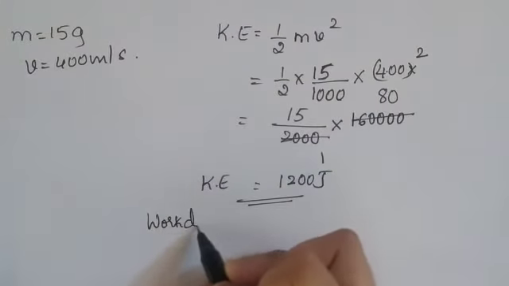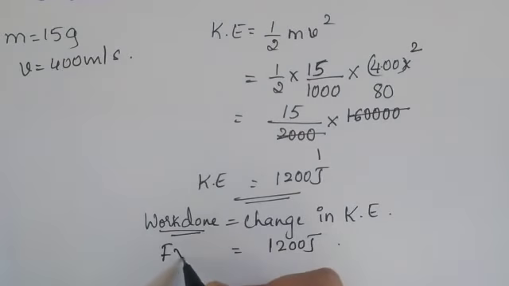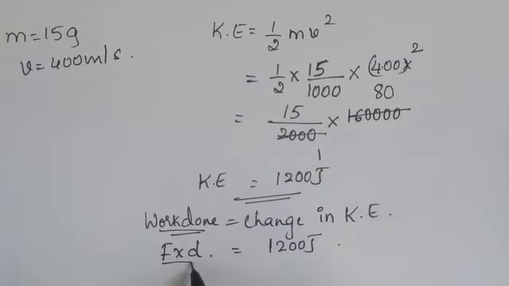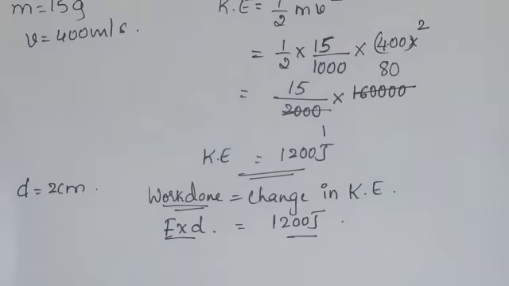What is work done? Work done means force into displacement, isn't it? So force into displacement equals 1200 joule, and we know how much it is displaced. It is displaced 2 centimeter. If we substitute the values, then you can say what is the force acting on that bullet.